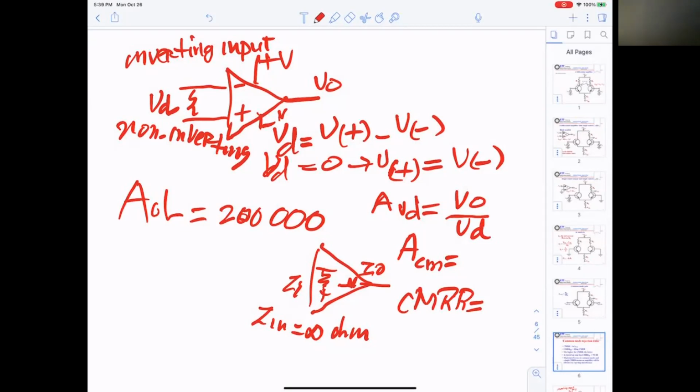Common mode rejection ratio. It equals what? It equals AVD over ACM. Perfect. The thing is, if you want to understand, that's a very basic thing. You must memorize it. That's very, very basic, okay?